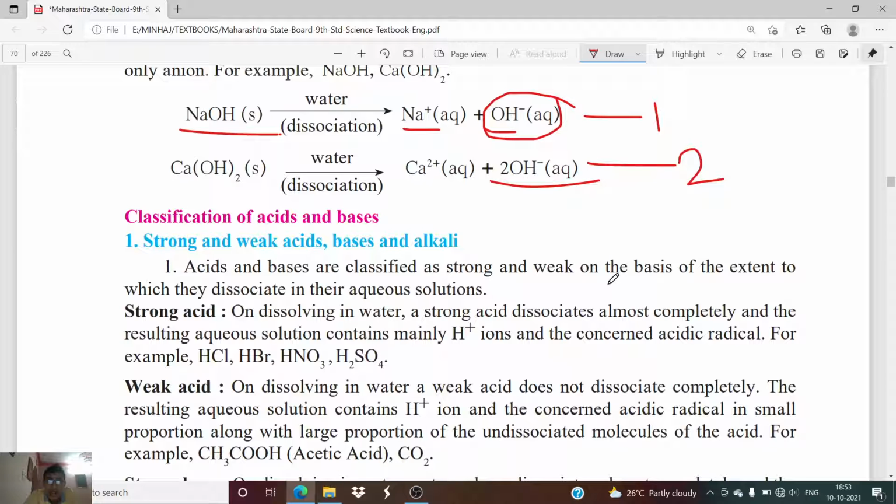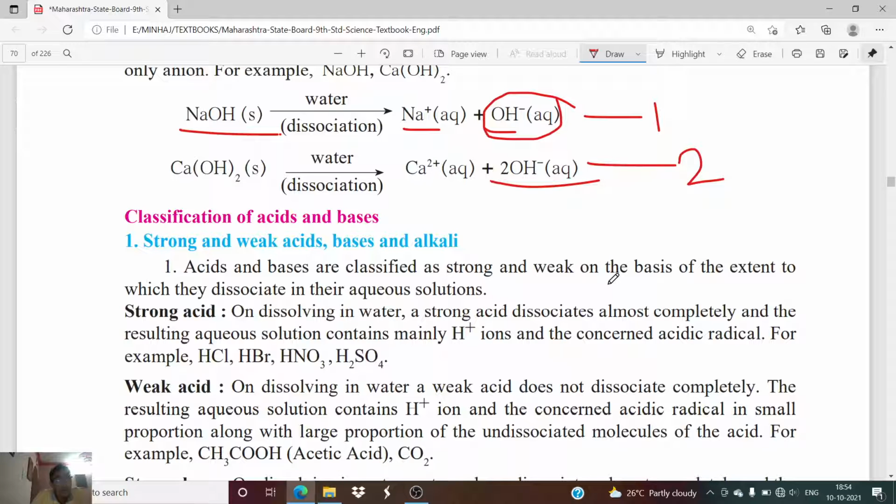Or else, if the dissociation is not 100%, then I will say the base is a weak base.